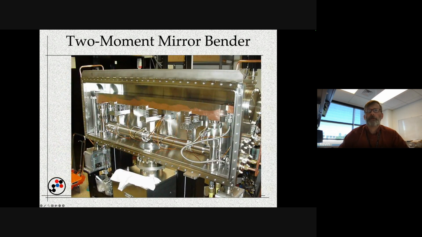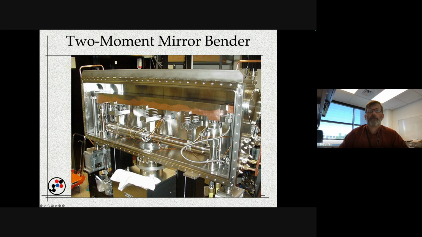This is just an example of a 2-moment bender in a vacuum chamber. The wall on one side is taken off, and you've got a motor here on one end of the mirror, and another motor here on the other end. Depending on how you change the forces on this, you'll change how the mirror is bent.